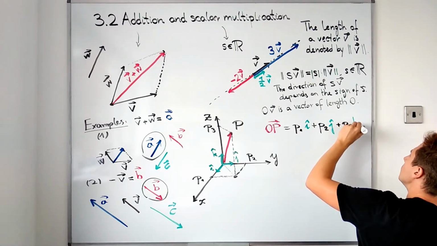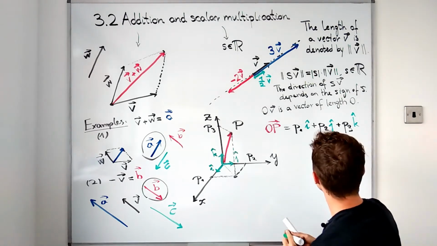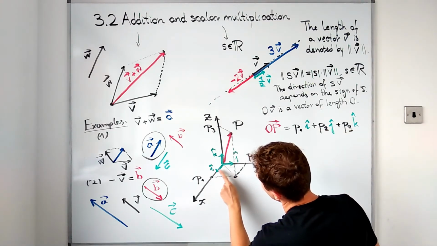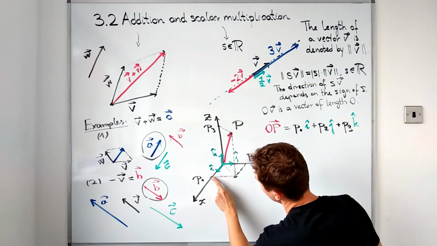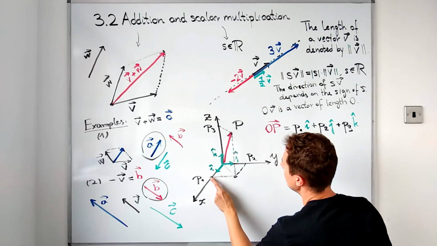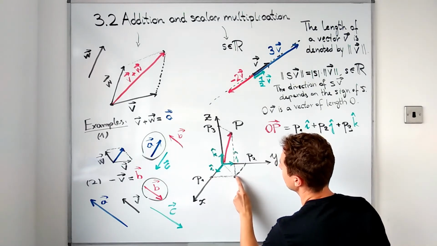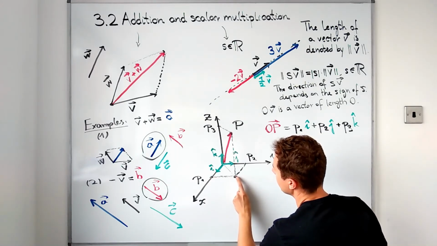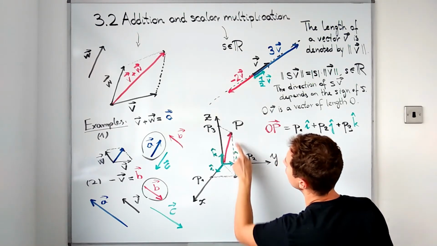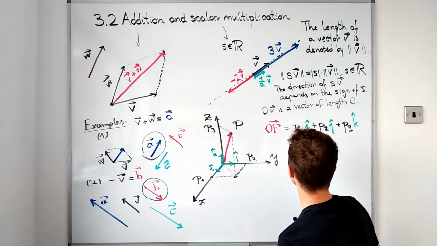So what we do is we walk P1 units, we take P1 times the i hat vector, then add to that P2 times the j hat vector, and add to that P3 times the k hat vector. And this is how we get to our point P.